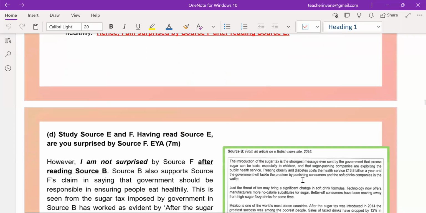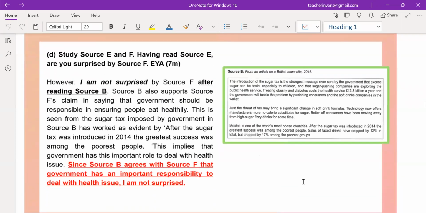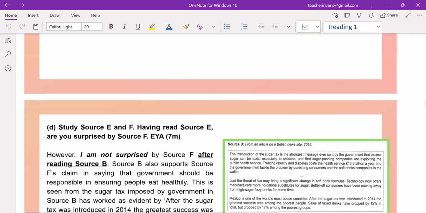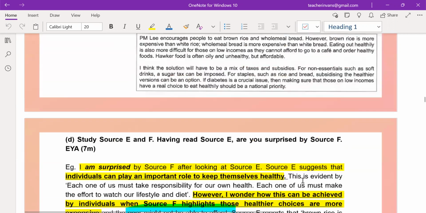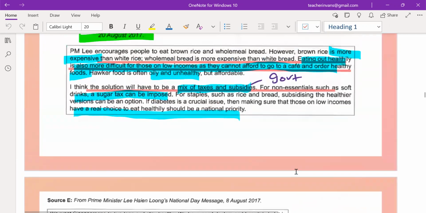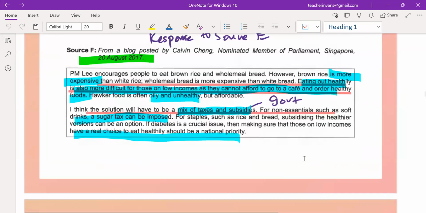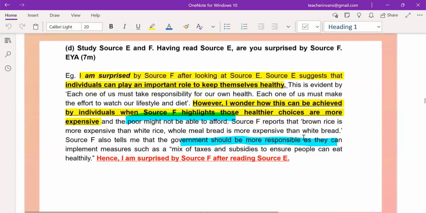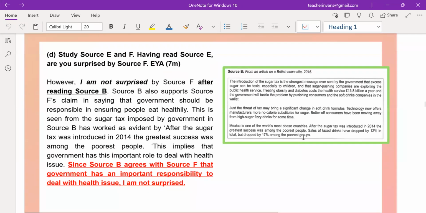Okay, now moving on, you are not surprised with source F specifically. So this will be not surprised because of cross-reference. Okay, and it does say that when the NMP here, Calvin, actually said that it should be a mix of taxes and subsidies. You must find another source that shows the success of having tax.